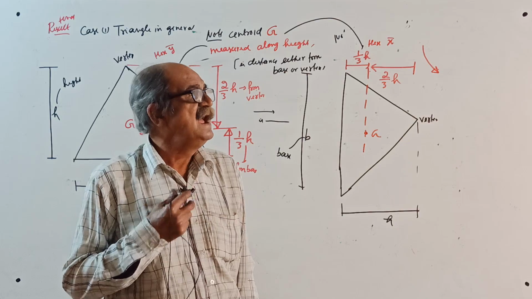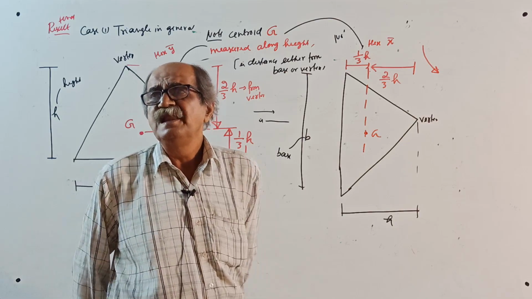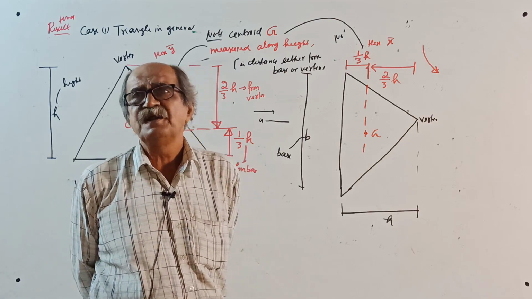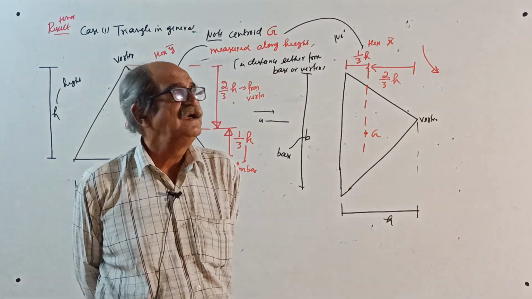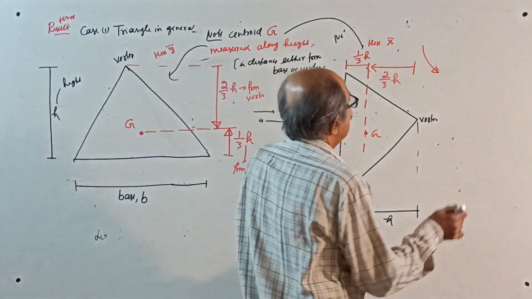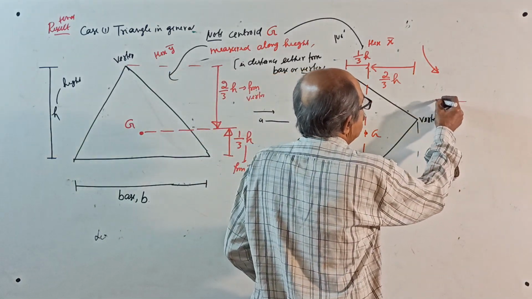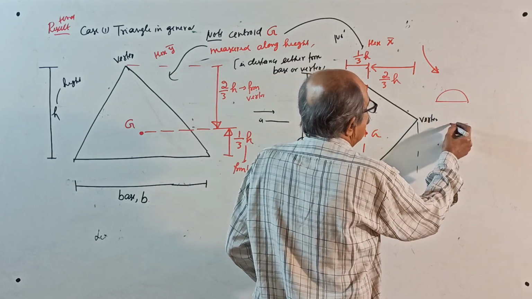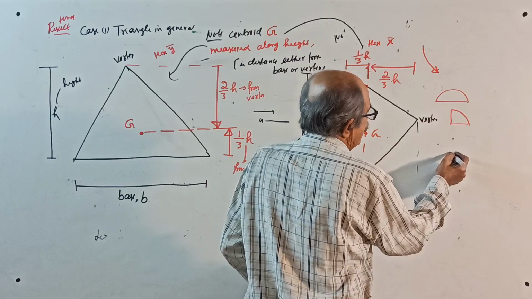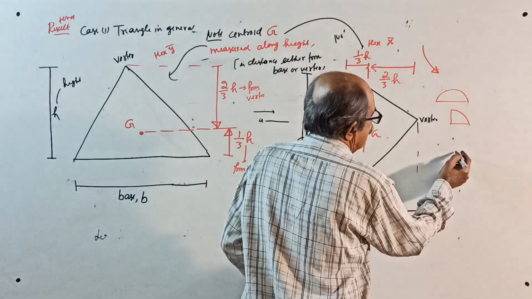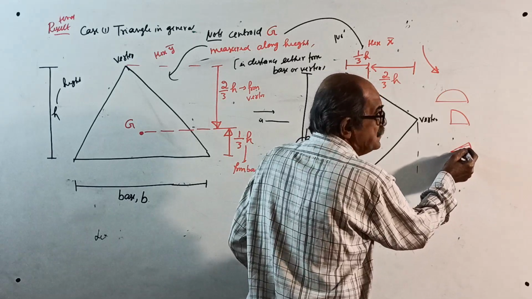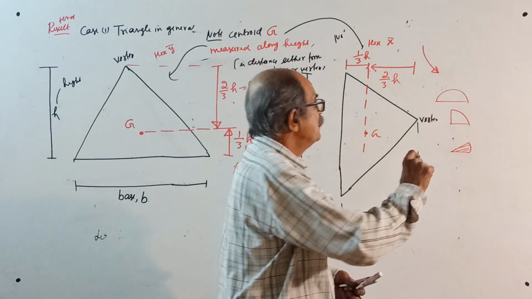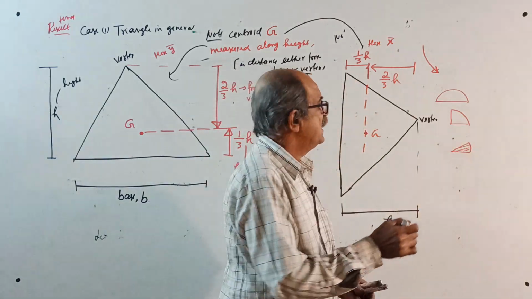Once triangle and trapezium are over, I will go for the circle, not required, center is centroid, then semicircle and quadrant, and even some partial area where only some arc length is considered.